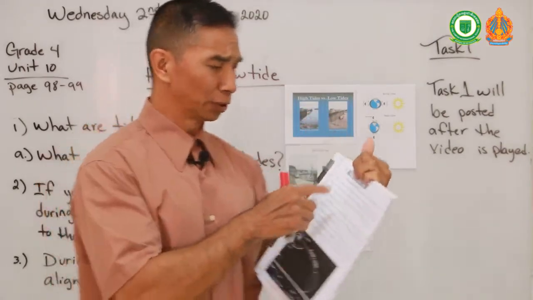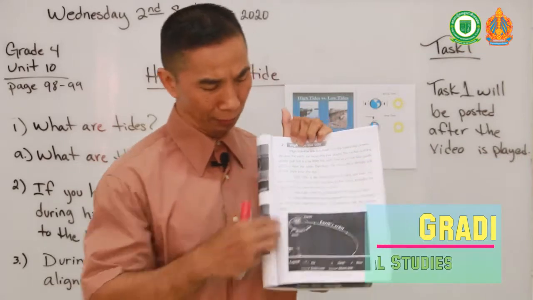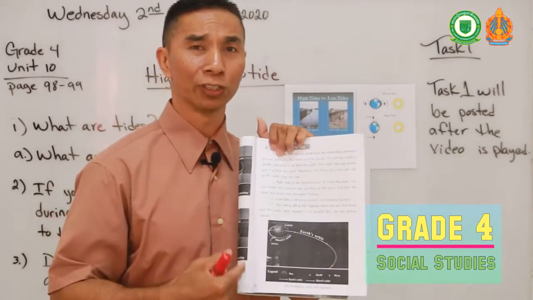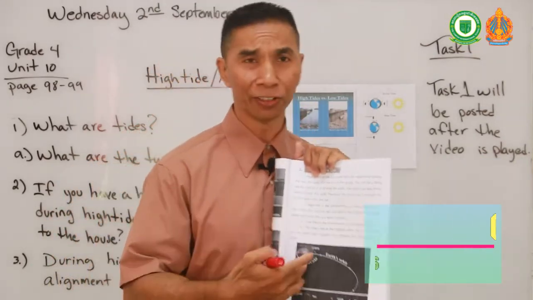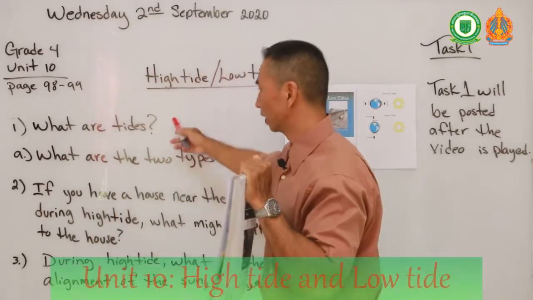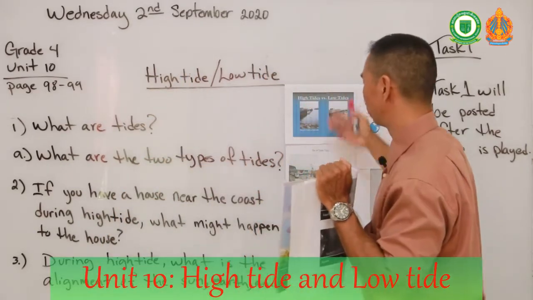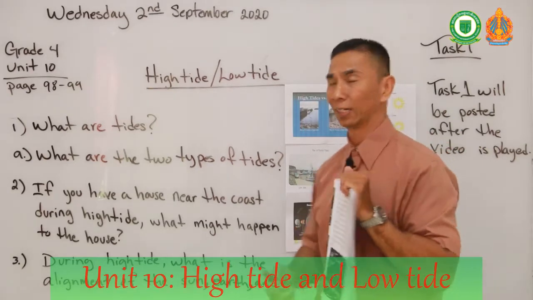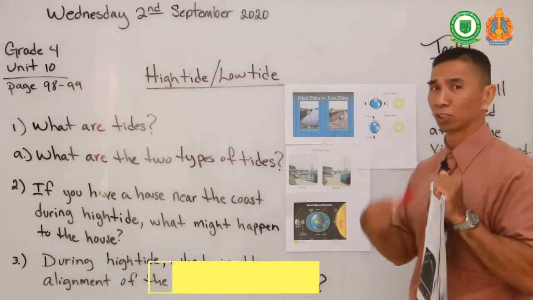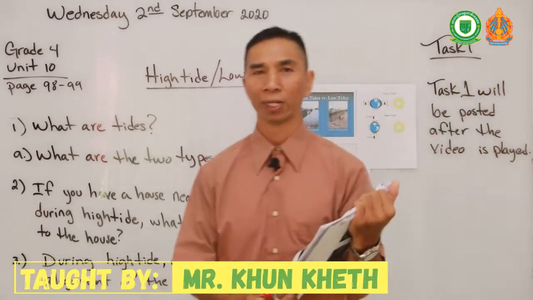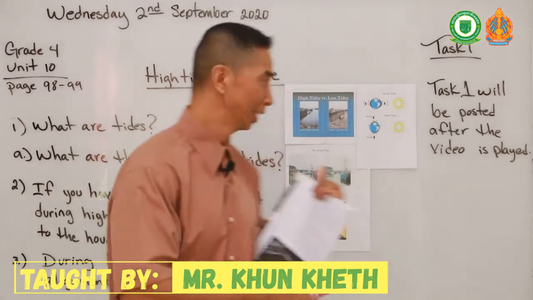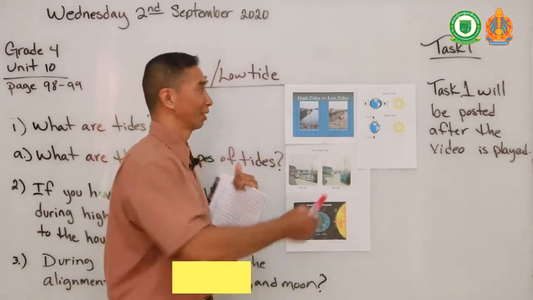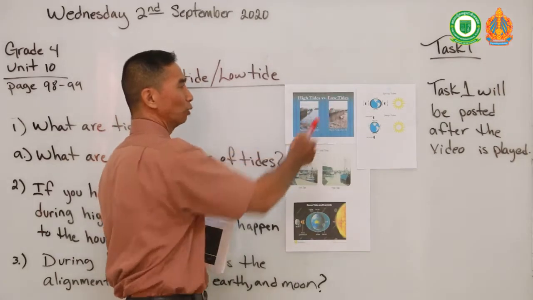I'm going to read the first two paragraphs on page 98. If you want, you can also read it with me. After we read, we will discuss some questions and some of these photos I have up here on the board. I will upload these photos onto our Telegram post so you will have a better view of the pictures and a better understanding of what high tides and low tides are.